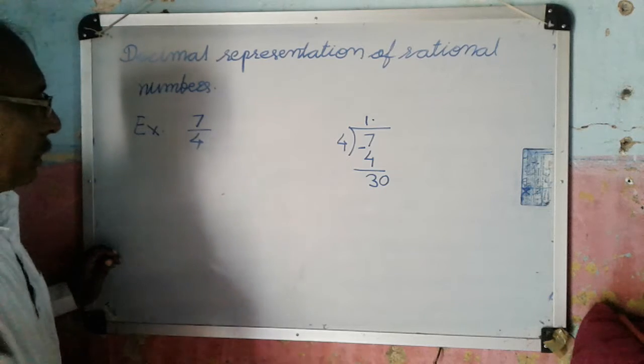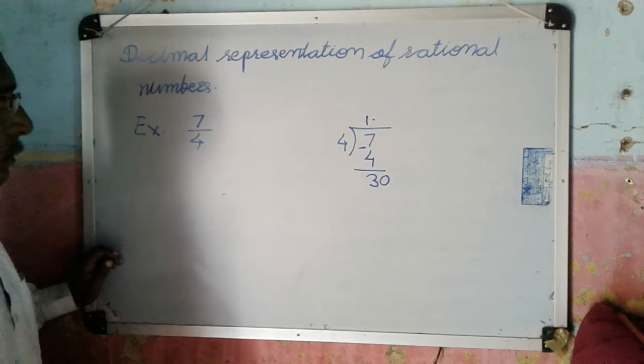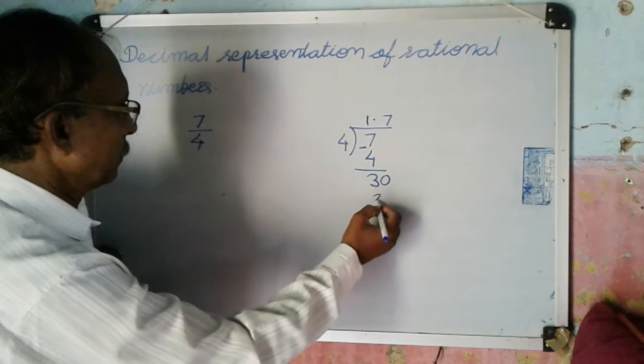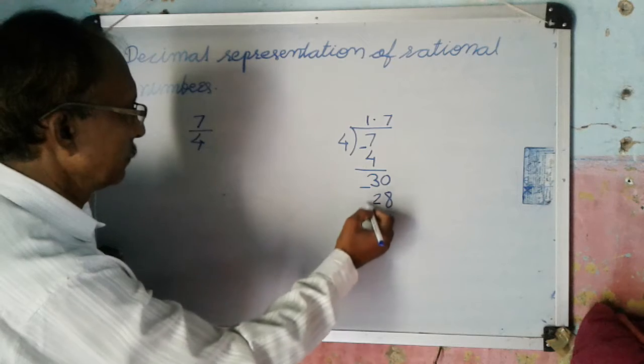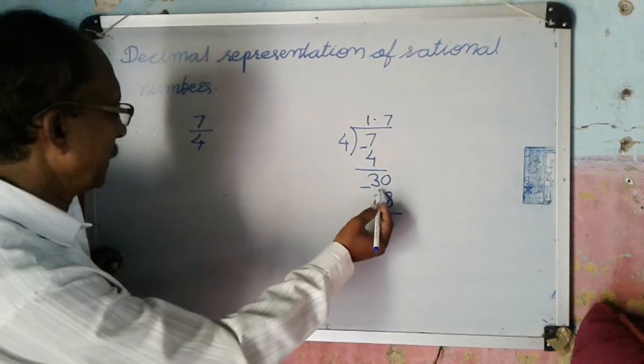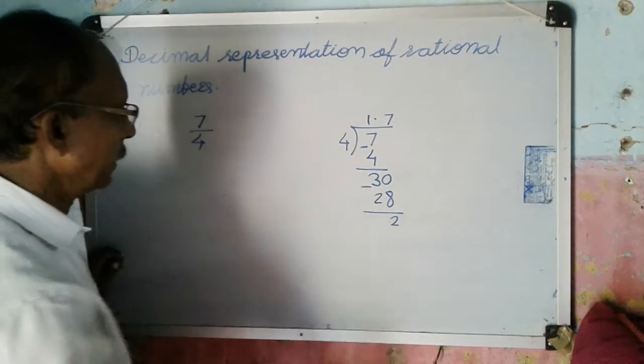Now we can divide 30 by 4. So here the quotient will be 7, 4 7s are 28. And subtract 28 from 30, here we will get 2.